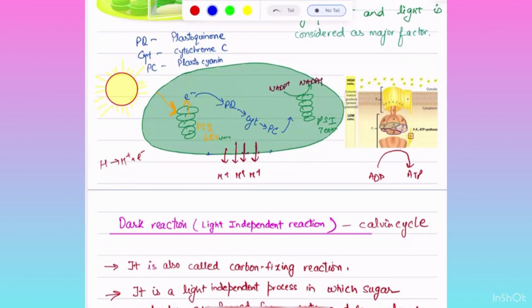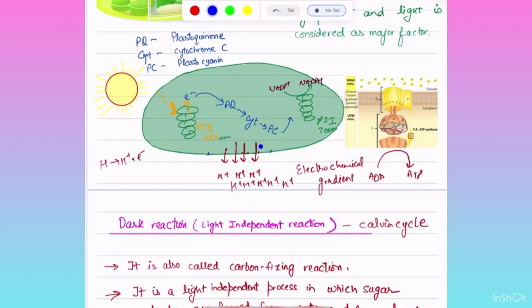Because of their deposition outside the membrane, the level of H plus outside the membrane increases. So now there is more H plus outside and less H plus inside, which creates an electrochemical gradient. Electrical gradient because of the positive charge difference, more positive outside and less positive inside. And chemical gradient because of the hydrogen difference, more hydrogen outside, less hydrogen inside.